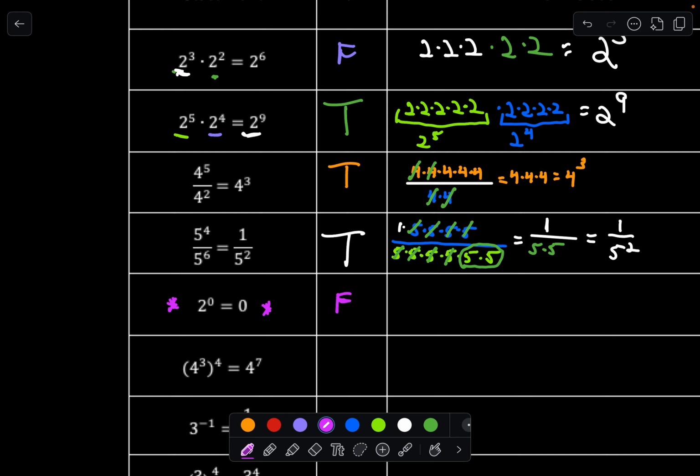How do we know? How can you tell if it's true or false? Well, you can tell by, sorry, I've got to think about this for a bit. You can tell by just doing a quick little statement here.